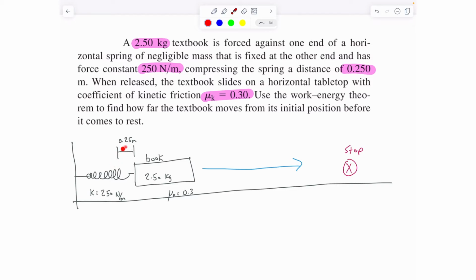Now what's going to happen is, we're going to let it go, and the spring is going to push really quickly. It's going to push the book this way, and then the book is going to start accelerating. The spring is going to cause an initial acceleration, but once it leaves, it's not going to accelerate anymore.